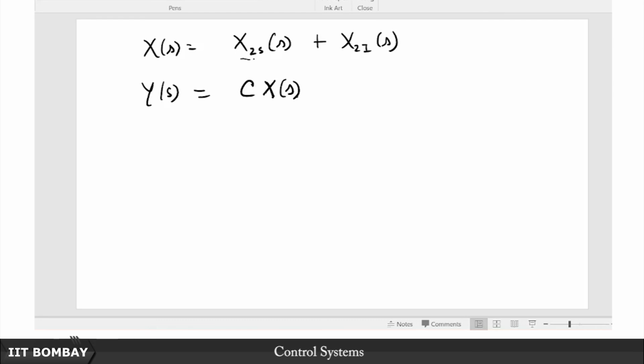Remember, this is a vector, this is also a vector, but each term in that vector is a function of s because it is a Laplace domain variable. So it turns out that the only key to obtaining y in the time domain is that once we have solved for x, we are done.